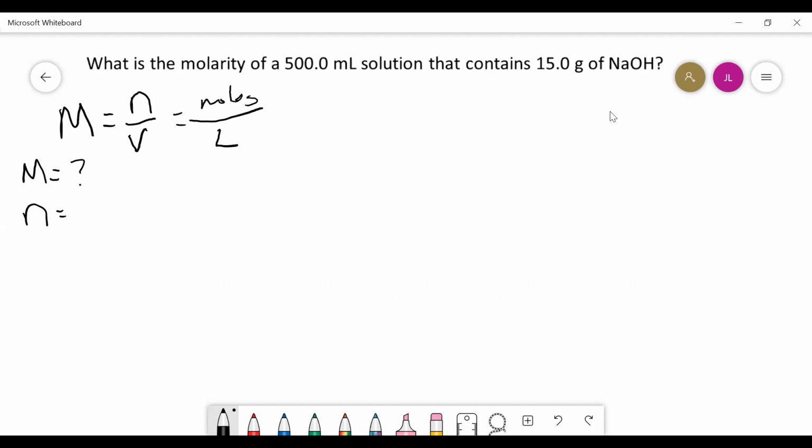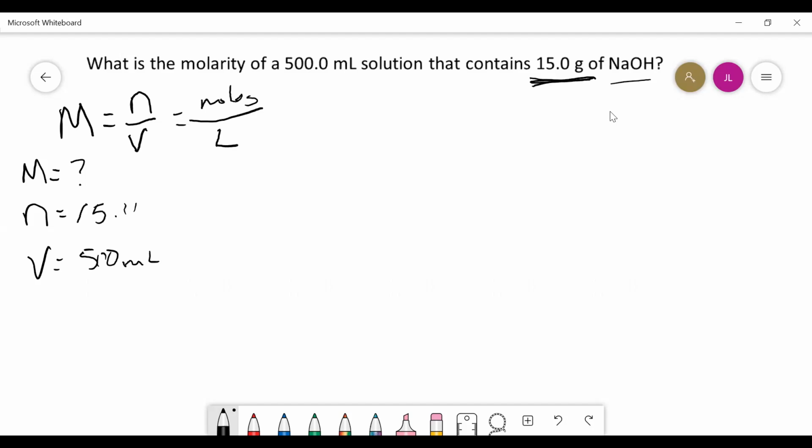Our moles, we don't know what those are either, because we don't have moles anywhere in our calculation, but we'll get there in a second. And our volume is 500 milliliters. Now let's go back to the moles. We know we have 15 grams of sodium hydroxide.